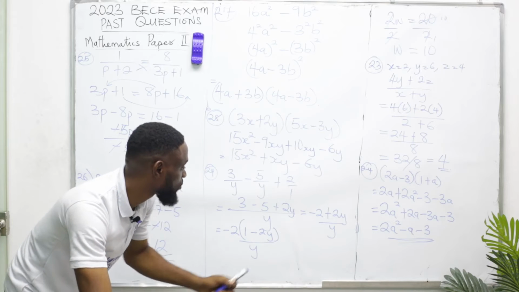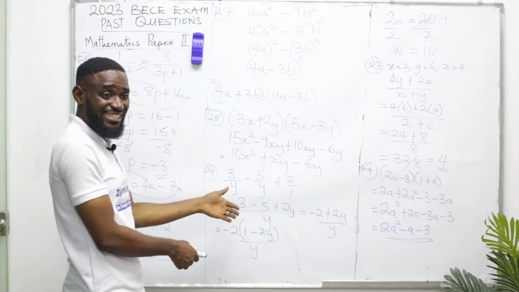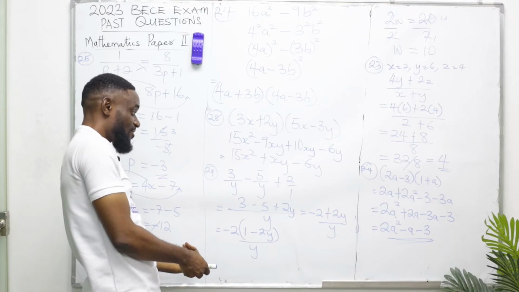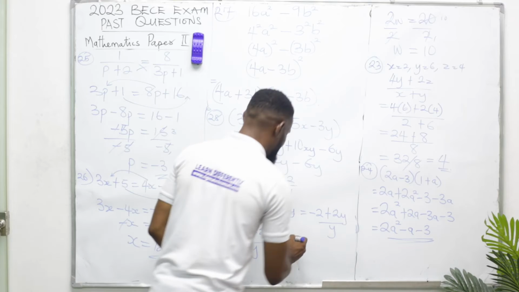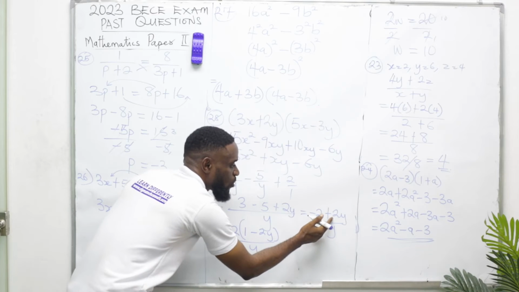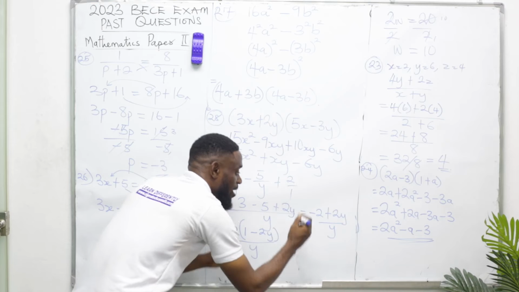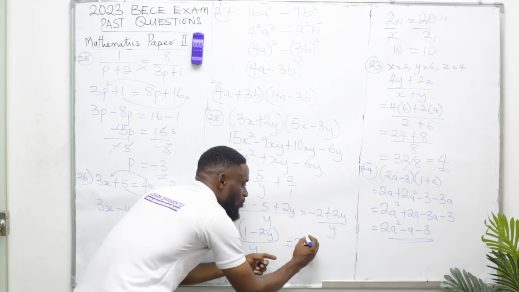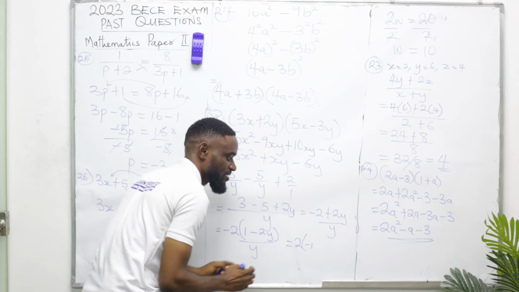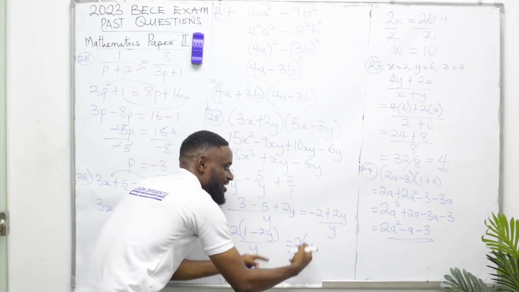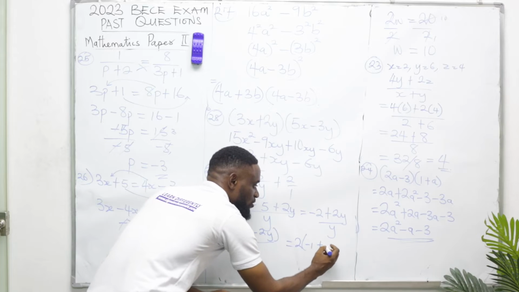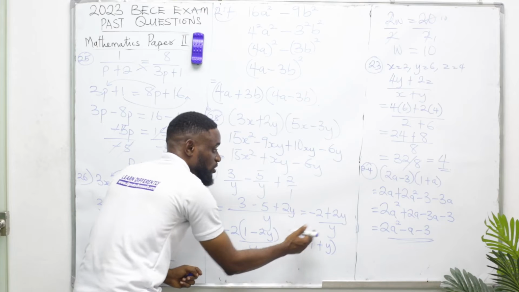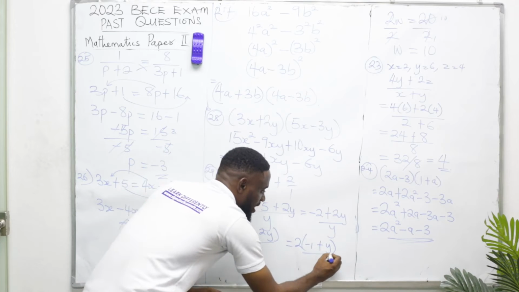What they simply did was rearrange this thing so that we don't have a negative outside of the bracket. We can decide to bring 2 out. So if we have 2 out, here we'll have minus 1, and here we'll have plus y, because 2 into 2 is 1, then divided by y.